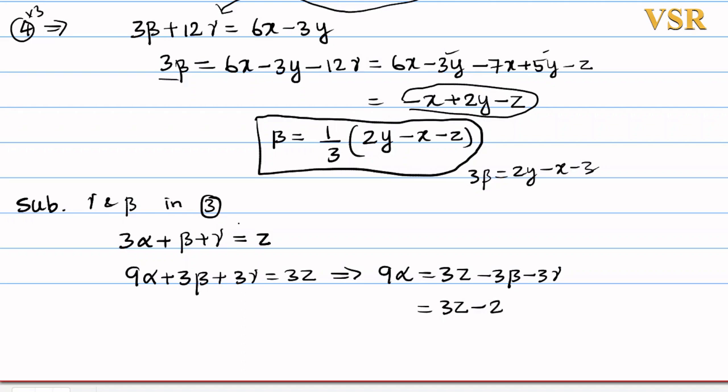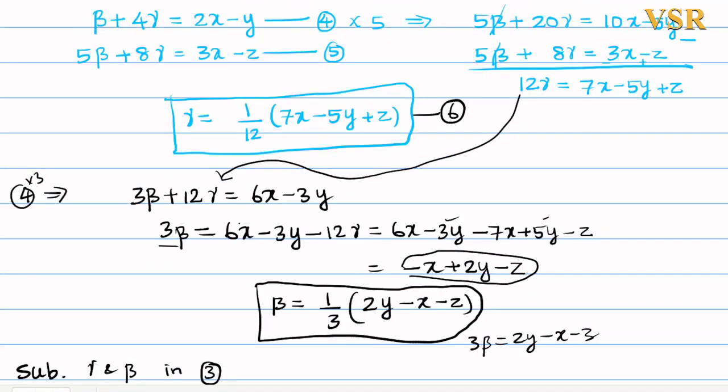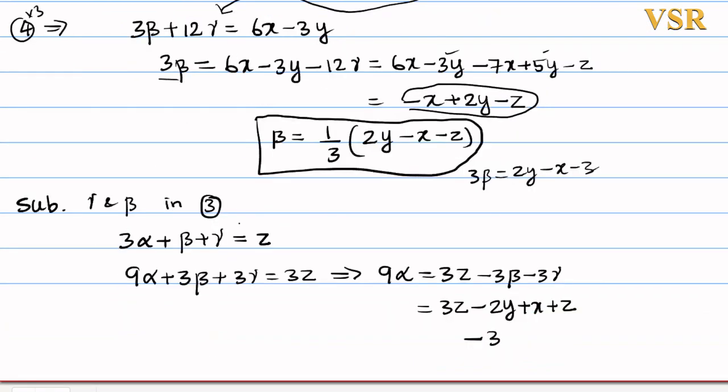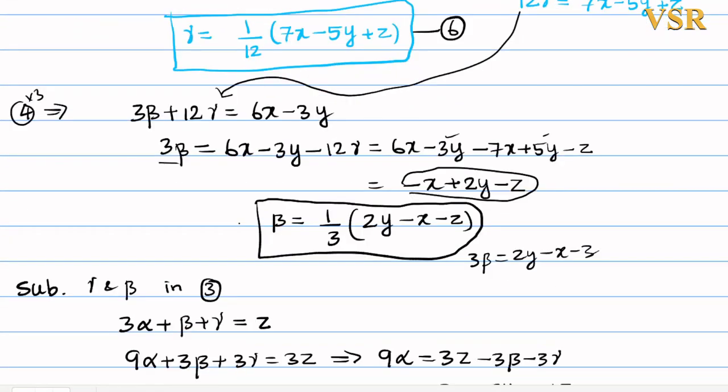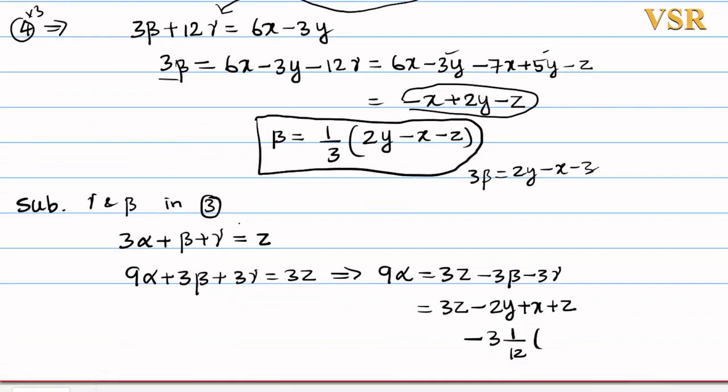So minus 3 beta gives minus 2y plus x plus z, minus 3 times, what is gamma? Gamma is like this, 1 by 12 times 7x minus 5y plus z. So we are having minus 3, 1 by 12 times 7x minus 5y, sorry, plus z.